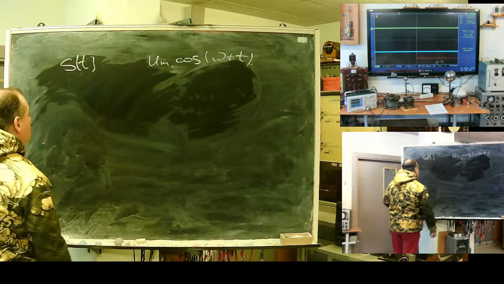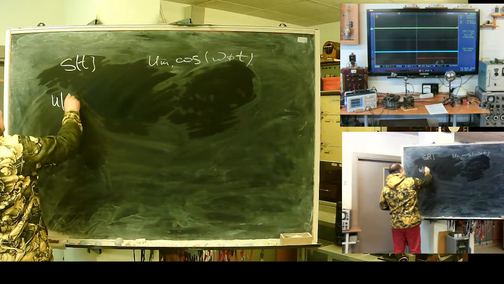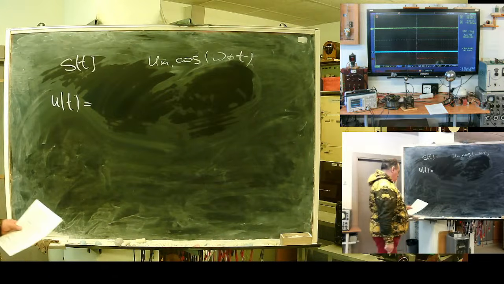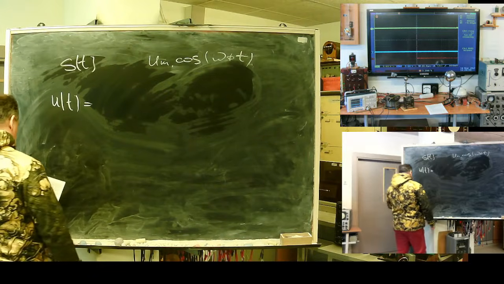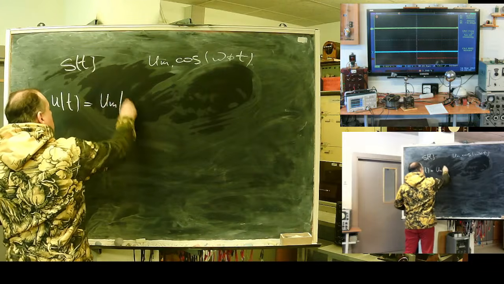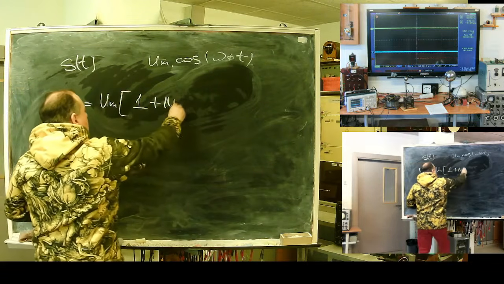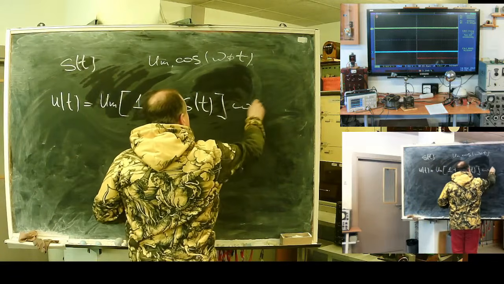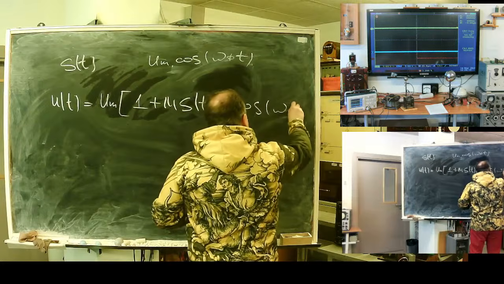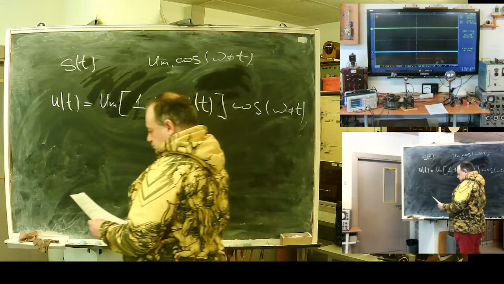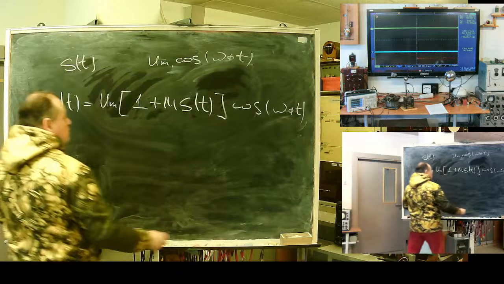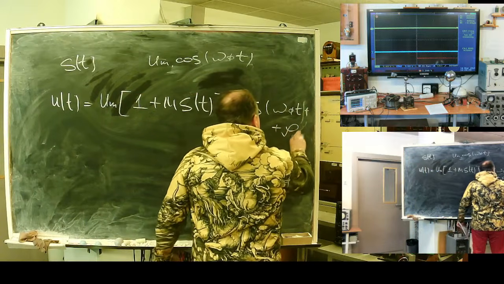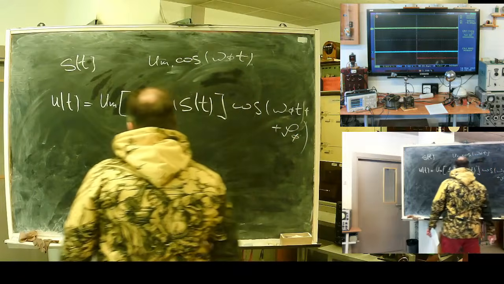What will my packed signal be? The signal to send, which will go to the antenna system to go away, will be 1 plus m times s(t), times cosine omega 0 t. There can be a phase shift of 0.